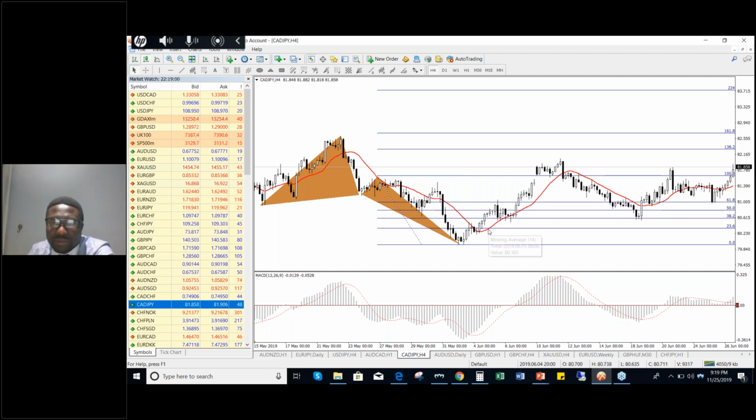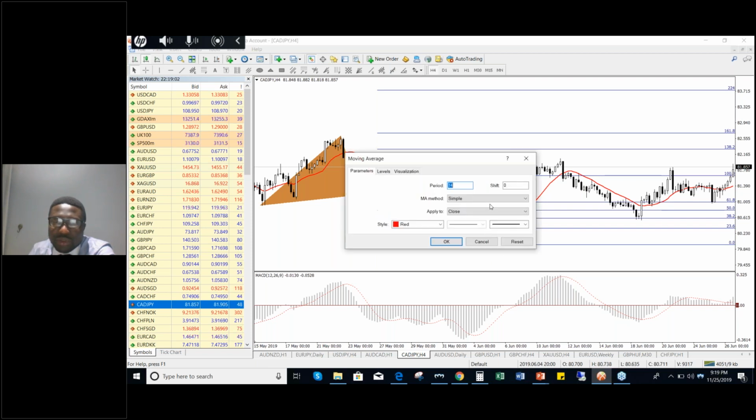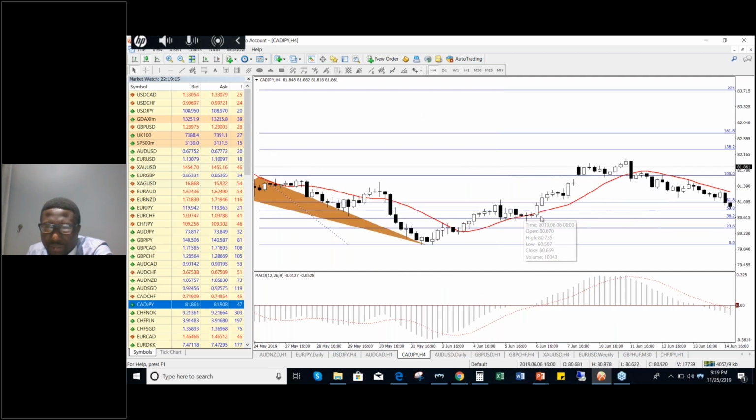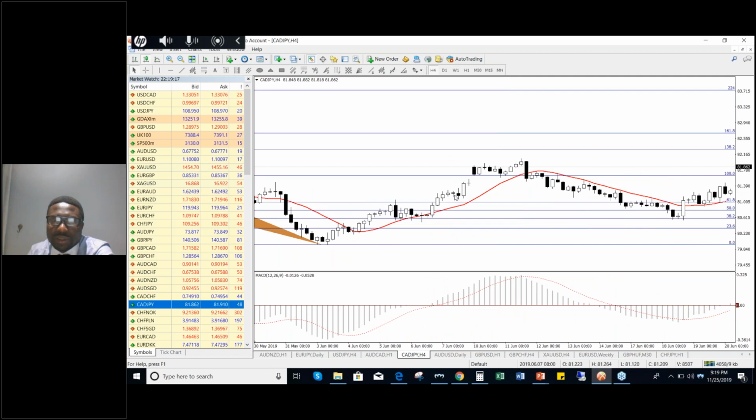This is my simple moving average 14, applied to close. I'll look for a bullish engulfing pattern above it. Bullish engulfing pattern above it is this one. This is the first bullish engulfing pattern.